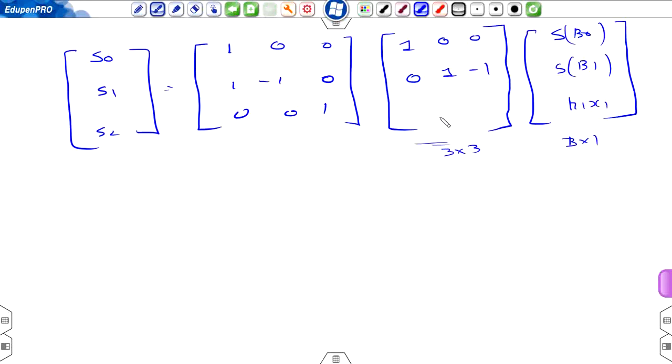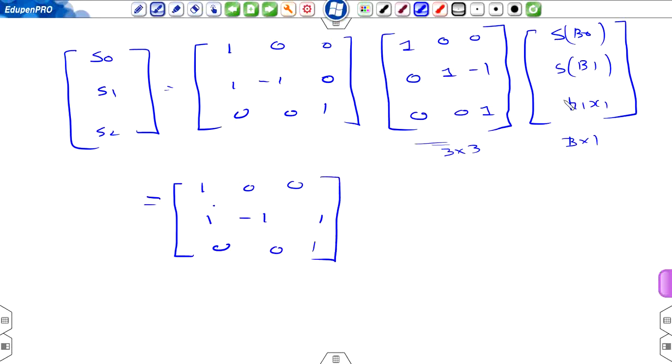In the third row we have 0, 0 and 1, so 1 into H1 x1 gives H1 x1. So these two matrices can be multiplied, and the result will be 1 0 0, 1 minus 1 1, 0 0 1, and we have already calculated S of beta i.